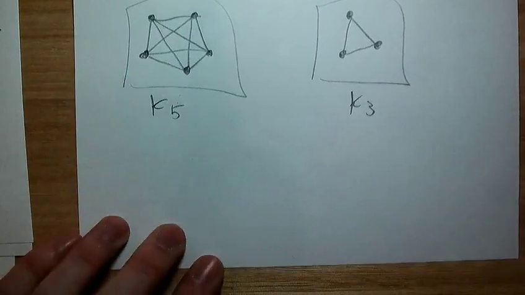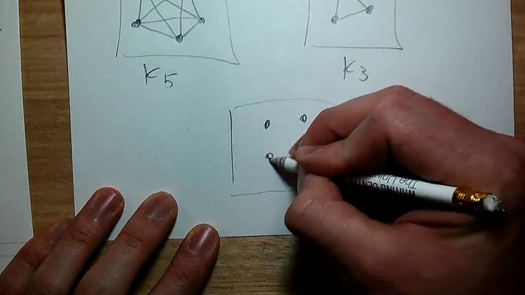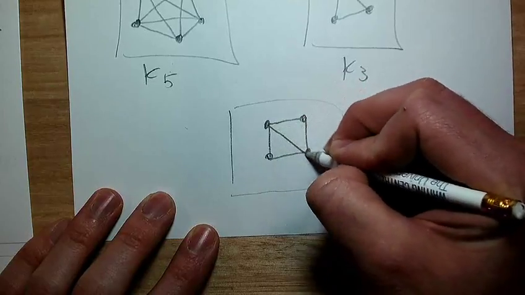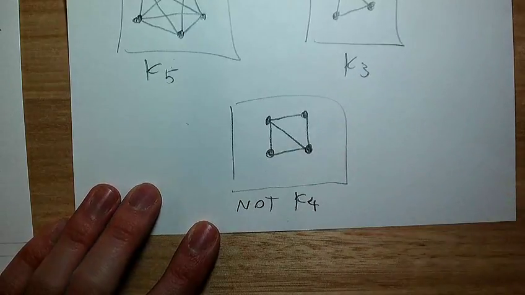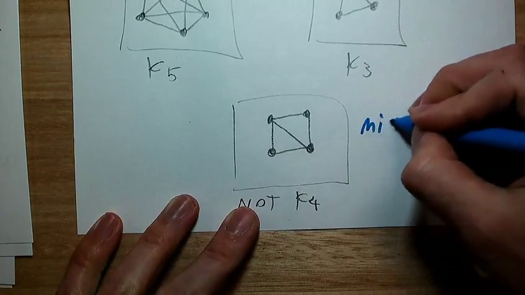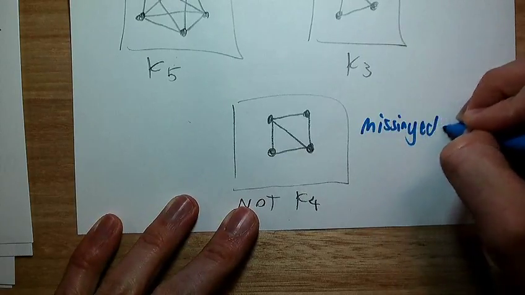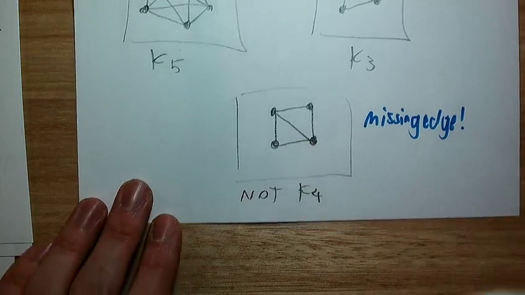Oh, I should just say this is not K4 because there's an edge missing, just so you know. There's a missing edge across this diagonal here. All right.